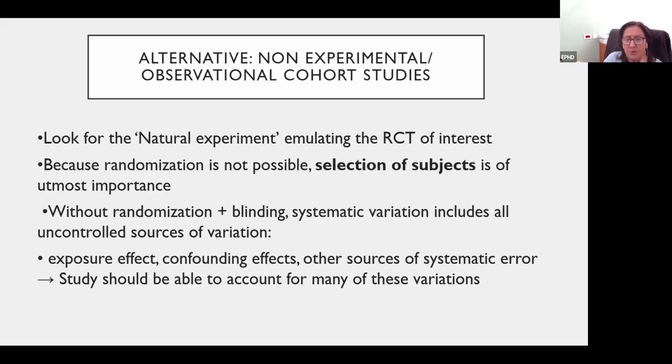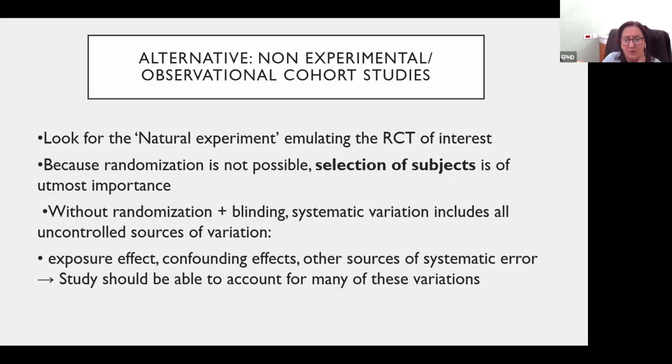It's very important because we are not randomizing, we are not blind in terms of what each person is taking or is exposed to. So it's very important to control for confounders, because without randomization, it means that we have a lot of confounding effect that we need to account for.